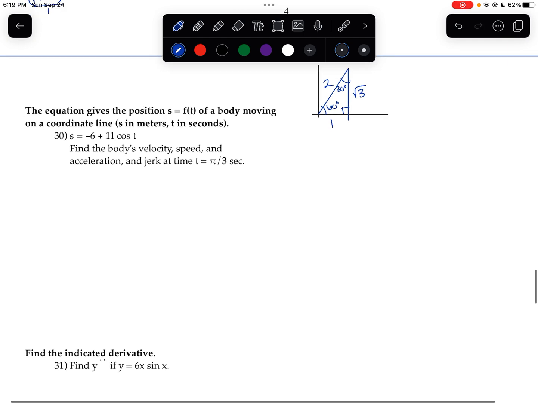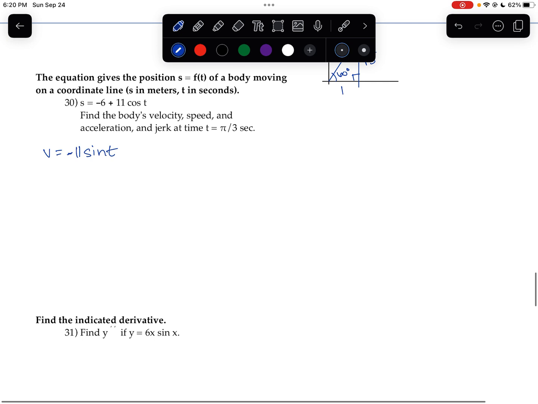Okay, and so velocity would be the derivative of negative 6 is 0, and the derivative of 11 cosine t would be negative 11 sine of t, because the derivative of cosine is negative sine, right?